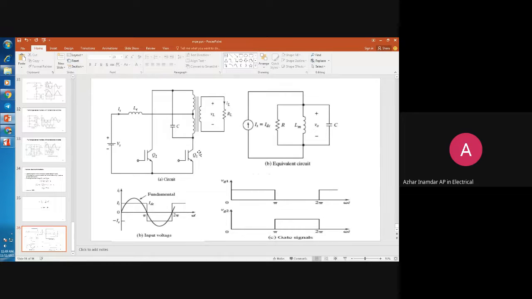A DC inductor Le is connected between the center tap of the transformer primary and the positive terminal of the DC source.